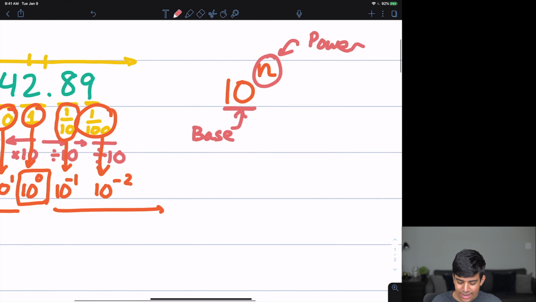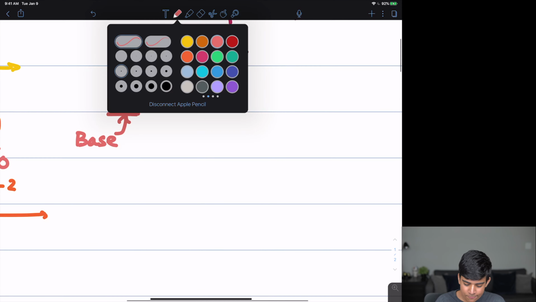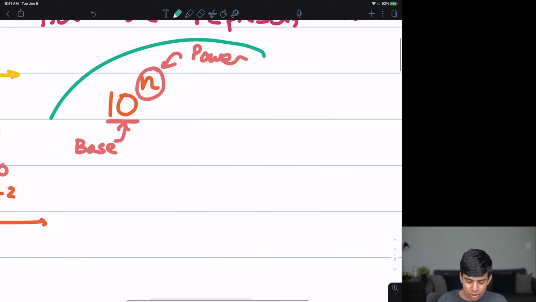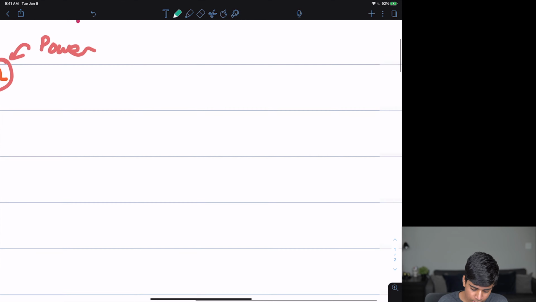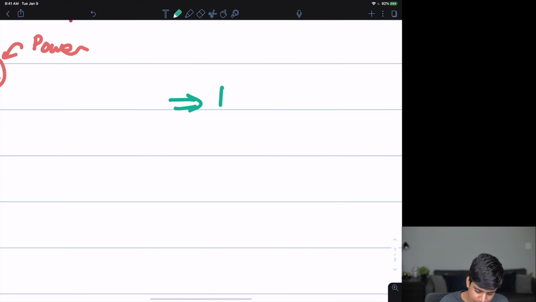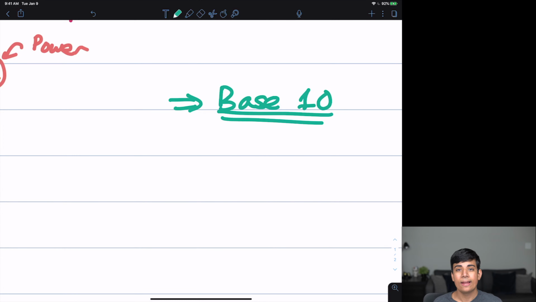What I can do is make a new name for it, considering that we know that the base of every single place is 10. We can call this number system the base 10 number system.